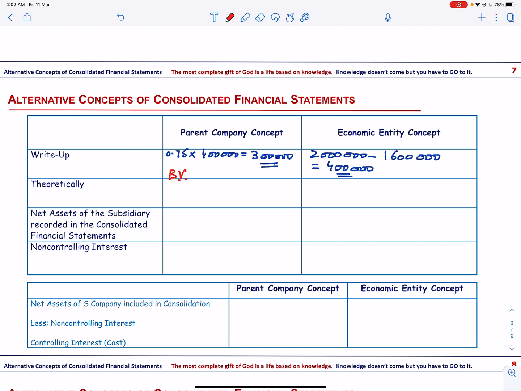So the excess paid by P company is 1,500,000 minus 75% of 1,600,000, and this will be equal to 300,000. On the theory, the consolidated financial statement should reflect 100% of the net assets value of the affiliated companies.